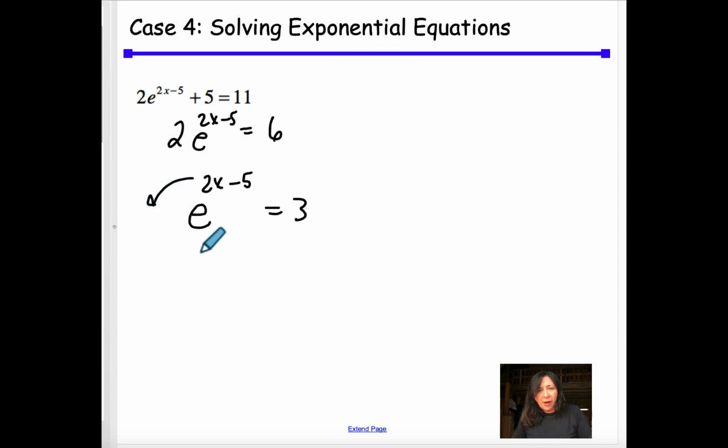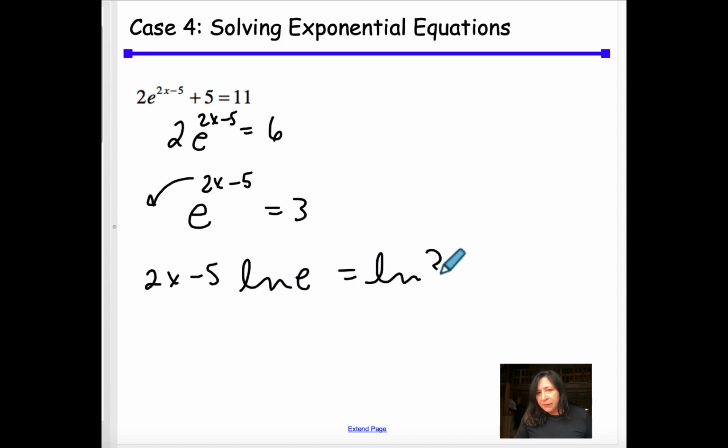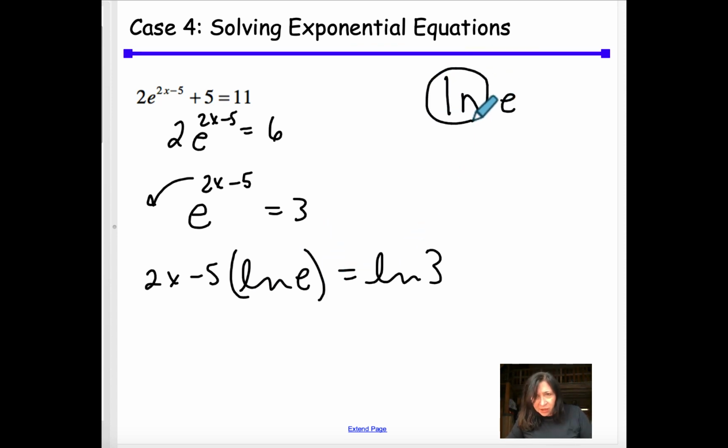Bringing this out front, we're going to get 2x minus 5 ln of e is equal to ln of 3. Because ln being the inverse of e to whatever power, that's that inverse. And we know that ln of e, remember, ln is the same thing as saying log base e.